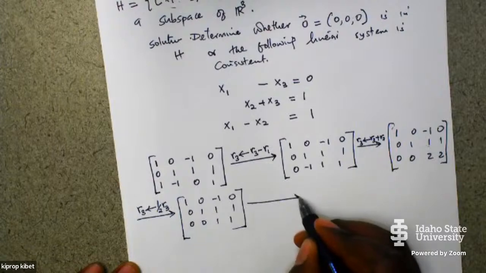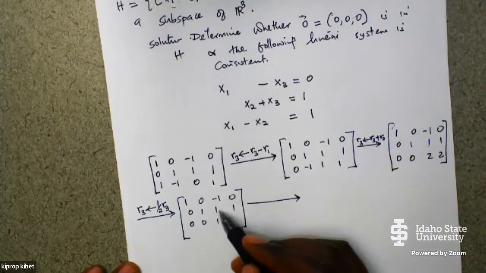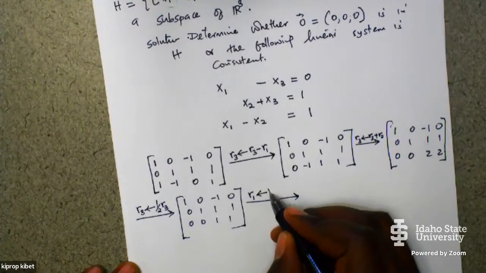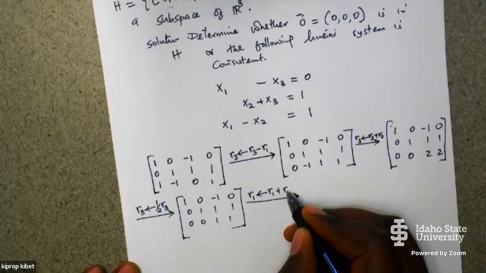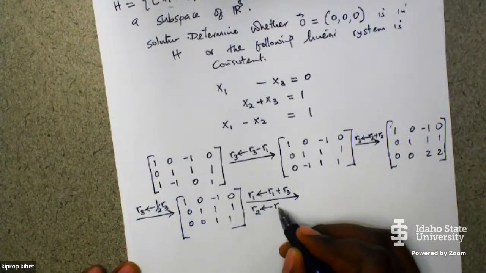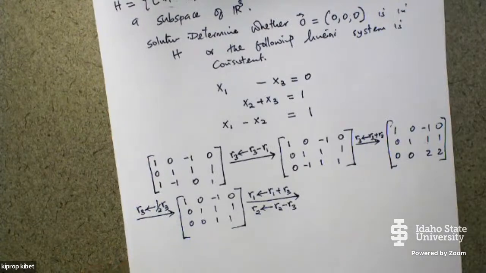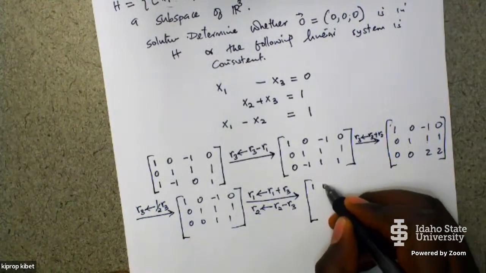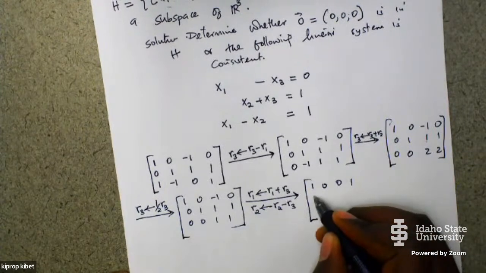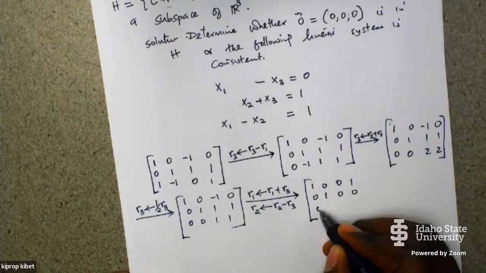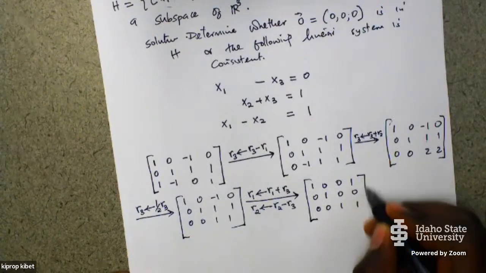And then finally, we make all these zeros. To get the new R1, it is R1 plus R3. To get the new R2, it is R2 minus R3. So finally, what you should get is 1, 0, 0, 1, 0, 1, 0, 0, and then 0, 0, 1, and 1.